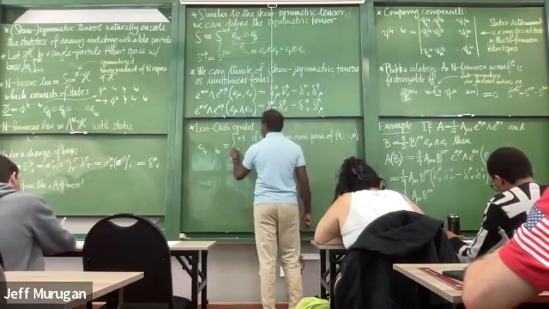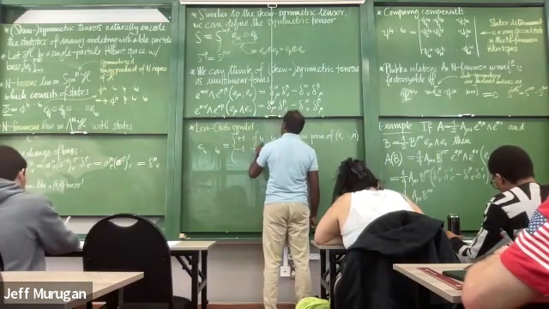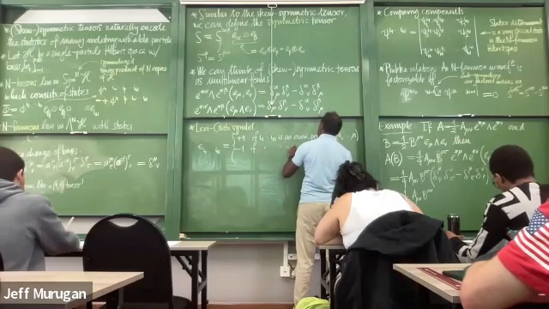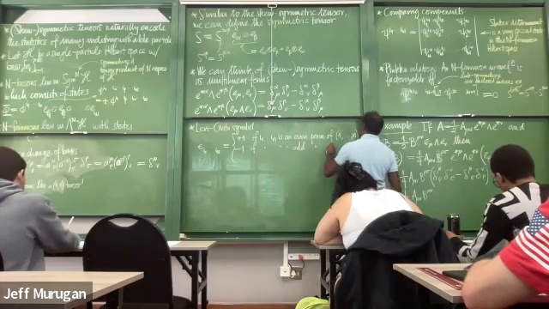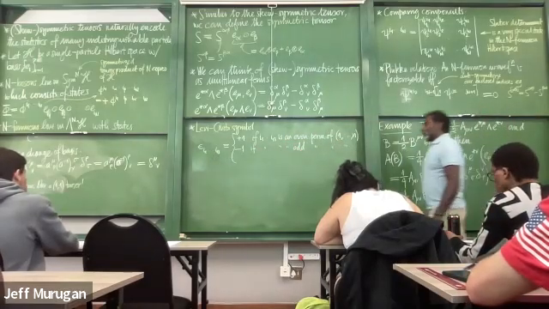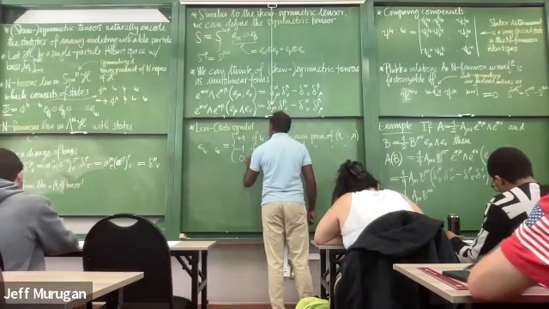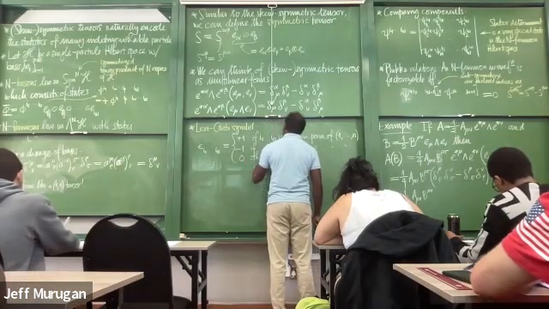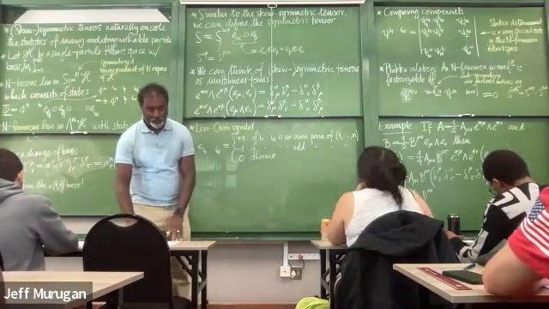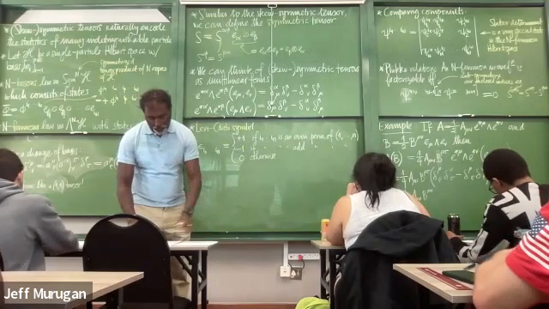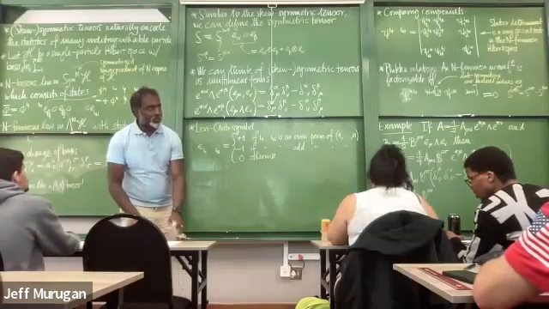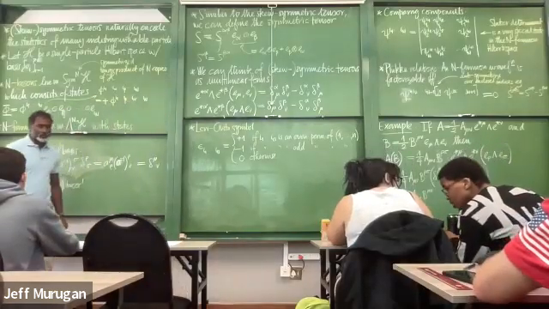It's -1 if I1 to I n is an odd permutation of 1 through n, and it's 0 otherwise. Okay. I'm hoping I'm telling you things that you know already, but in case you don't, it takes a little bit of getting used to working with these objects.